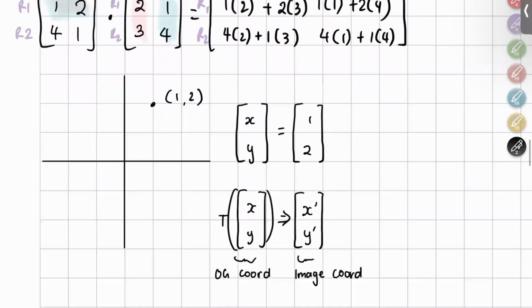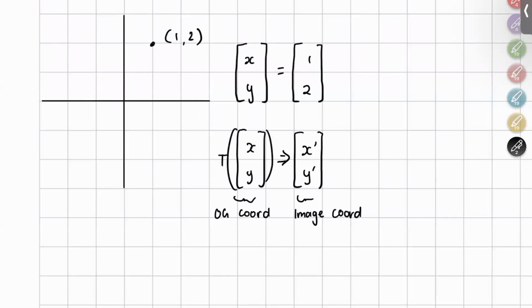Now, how this ties into the whole transformation thing is the fact that we can represent coordinates in the Cartesian plane with matrices. So for instance, if I have coordinate 1, 2, this is my x value, this is my y value, and then I can denote the coordinate with the matrix 1, 2, okay?